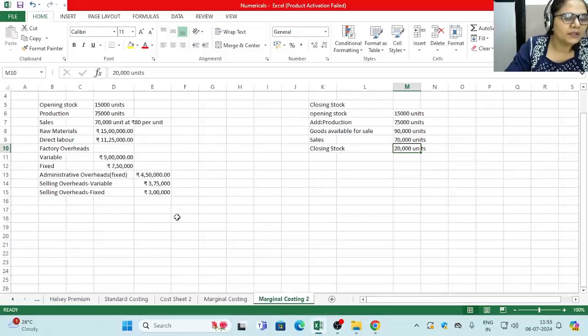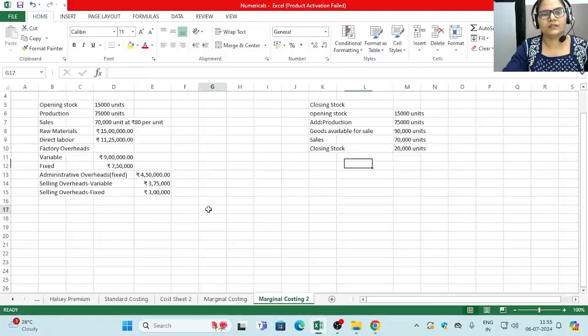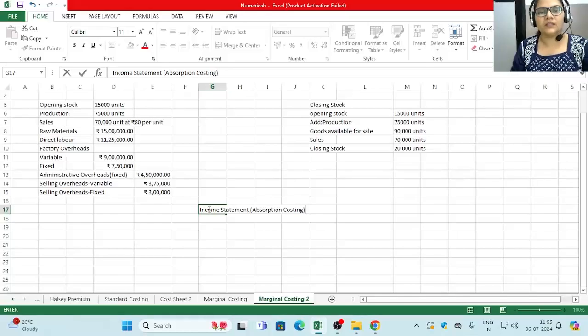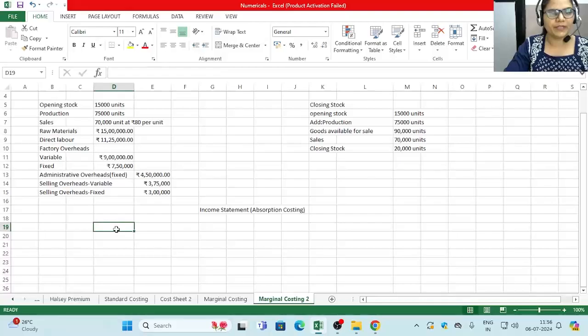Now, we will start making the income statement under absorption costing. First of all, without any second thought, let's make the income statement. We will record sales.